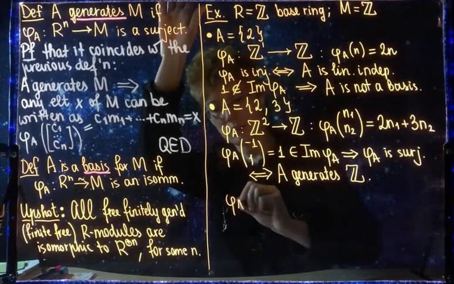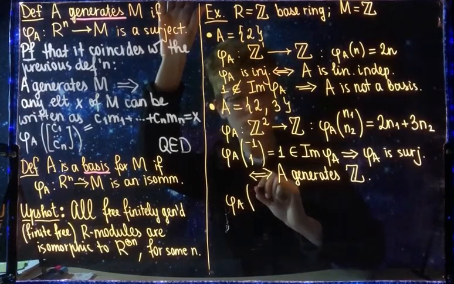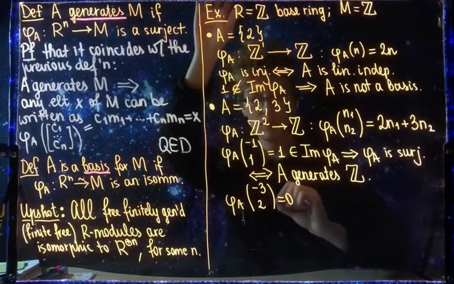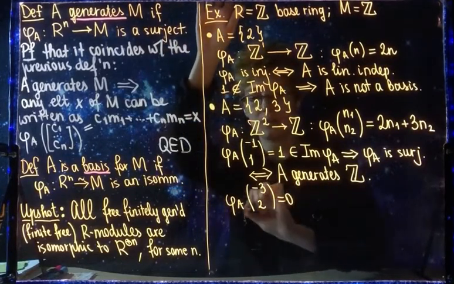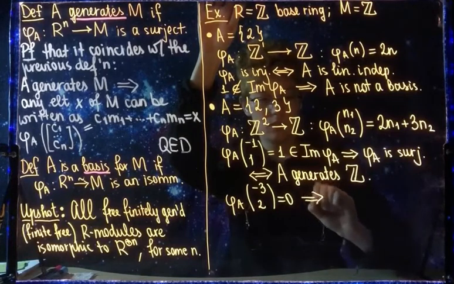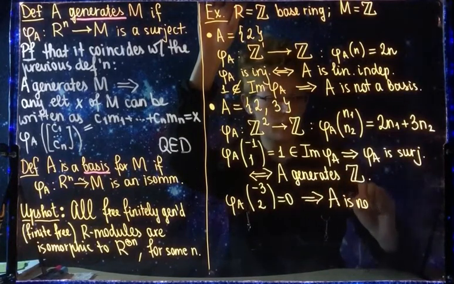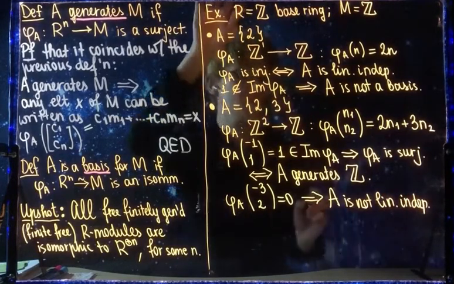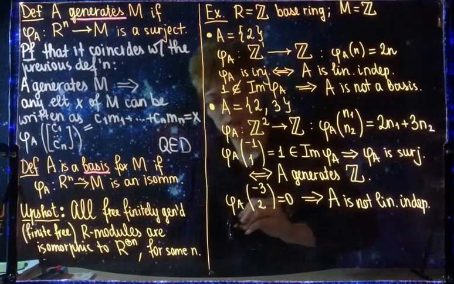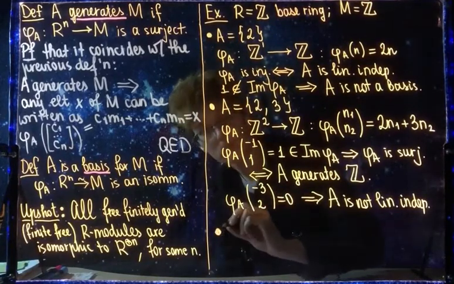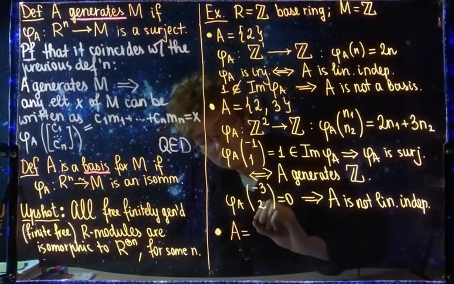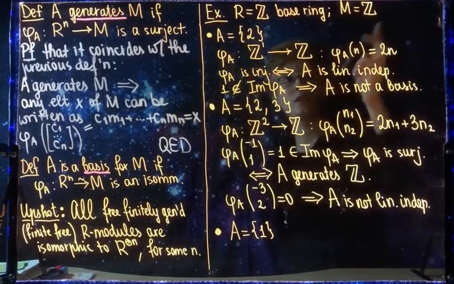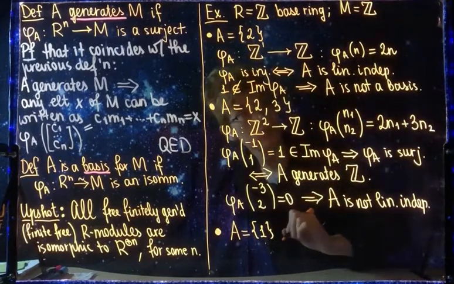But phi A of (-3, 2) is equal to 0, and it is a non-trivial element in the kernel of phi A. So A is not linearly independent. So A is not a basis again. And a basis here would be the element consisting of just 1.